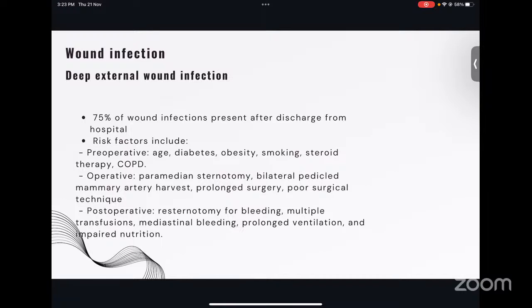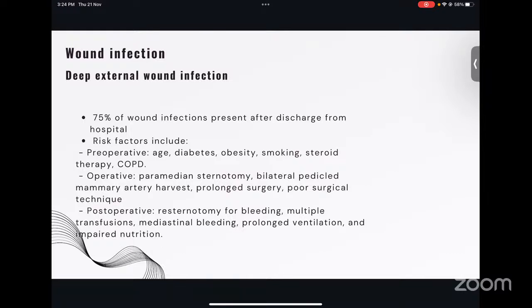The risk factors, starting with preoperative risk factors: elderly, diabetic, and obese patients, and smoking will increase the risk of wound infection.